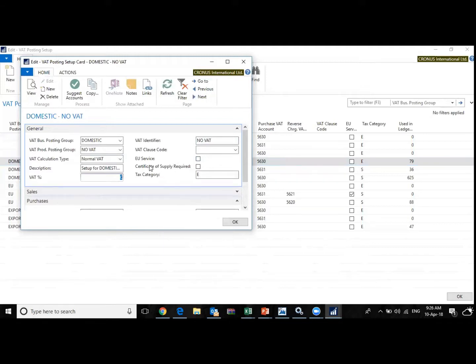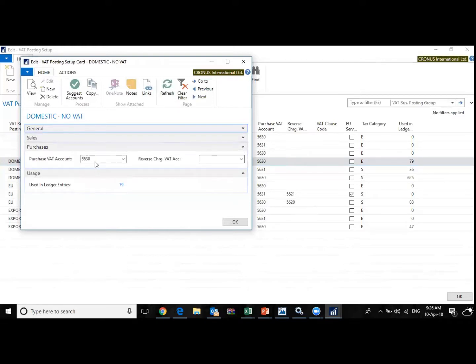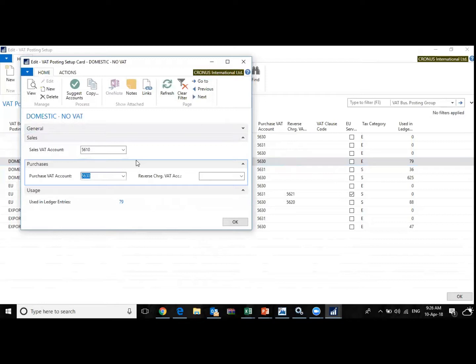Okay, so this EU service is something related to the European setups, as we're not dealing with Europe right now, so we're not going to discuss anything related to EU. Okay, down under you have your actual accounts where, if the VAT is calculated, it will be posted. Okay, so as we know that this specific posting setup is for no VAT, you don't actually require any account to be attached to this setup.